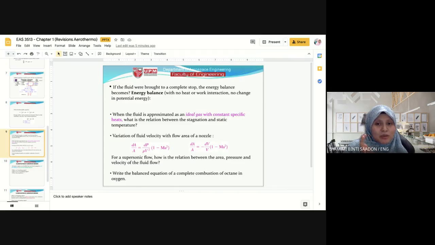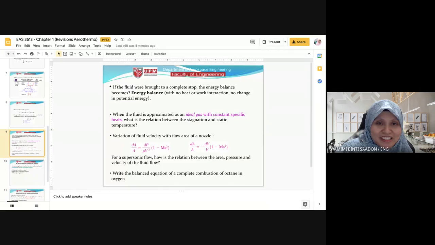Adiabatic because no heat, no work. So the fluid is brought to rest or to a complete stop suddenly. So what is the general equation? It starts with the first law of thermodynamics, and then we simplify, cut out the heat interaction, potential energy, etc. So we only have the energy balance equation for the fluid.